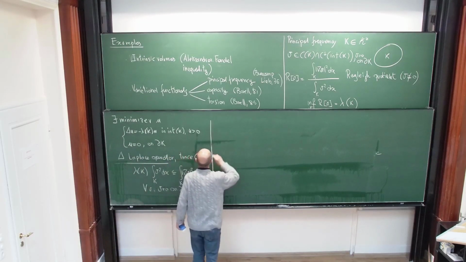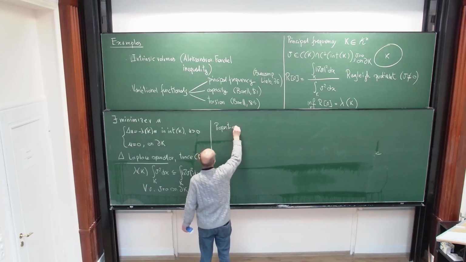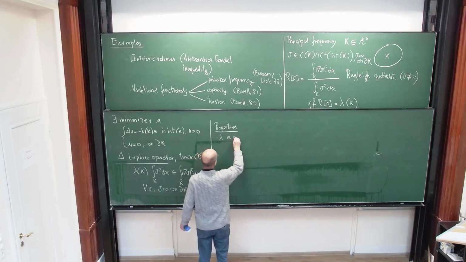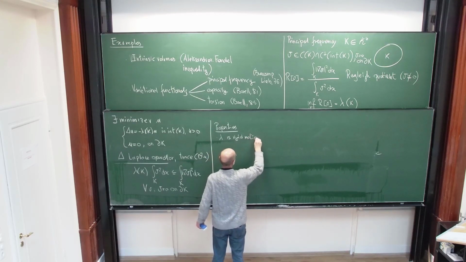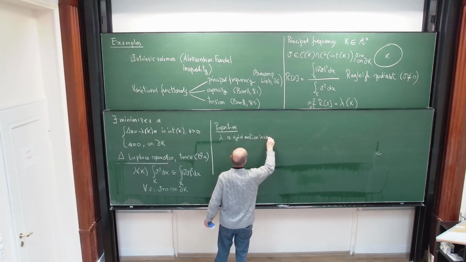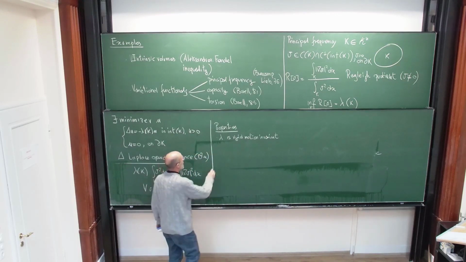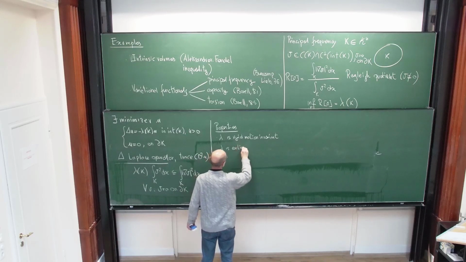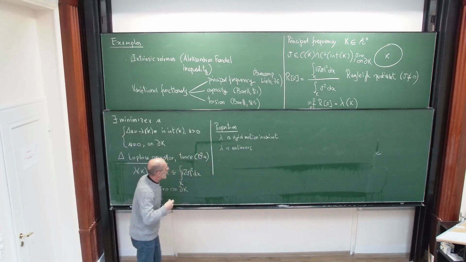Now, properties. So lambda is rigid motion invariant. It doesn't depend on the position of the set. It's continuous, just to reply to the question by Carsten.